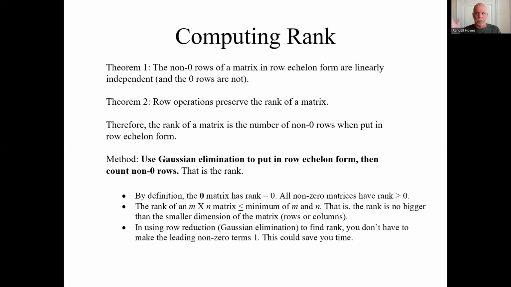So the 0 matrix is the only rank 0 matrix. The rank is no bigger than the smaller dimension, either the number of rows or the number of columns. You don't have to do complete Gaussian elimination. We'll talk about that a little bit.